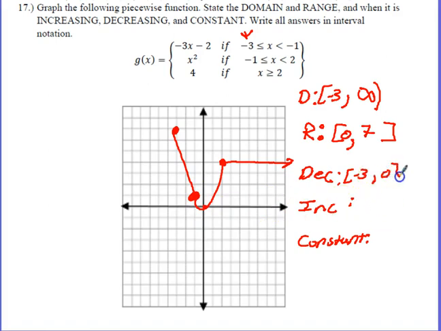So it's going to be negative 3 to 0. And now it's going to increase from the vertex up to this point, which is from 0 to 2. And lastly, it's constant the rest of the way from 2 to infinity. Again, you can check these three parts should add up to our domain, which they do. Negative 3 to 0, 0 to 2, 2 to infinity. They're all connected. It gives us our domain.